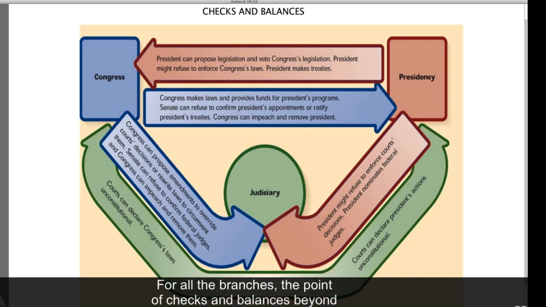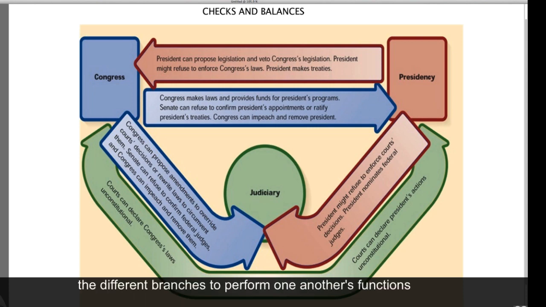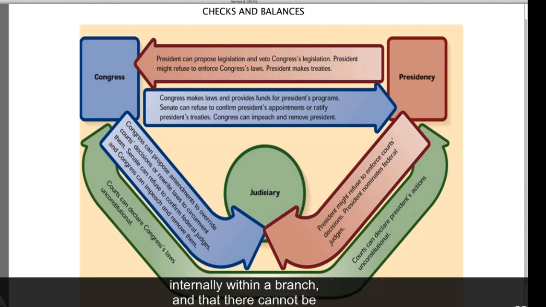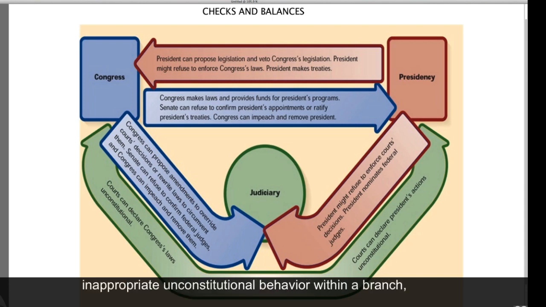For all the branches, the point of checks and balances, beyond what has already been stated, is this: merely because we separate the powers from one another and do not allow the different branches to perform one another's functions, does not mean that there still cannot be abuse internally within a branch, and that there cannot be inappropriate, unconstitutional behavior within a branch, or too much concentrated power.